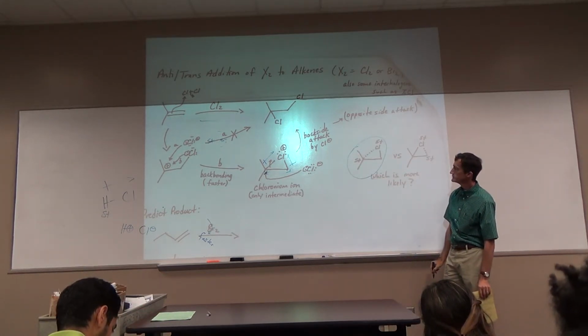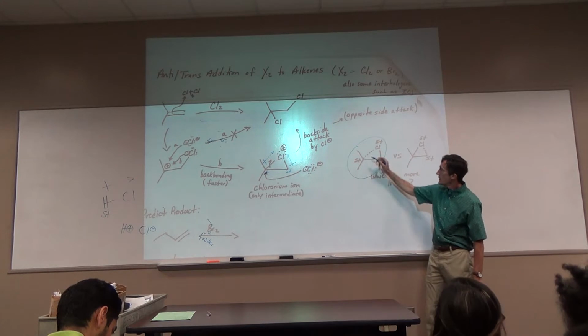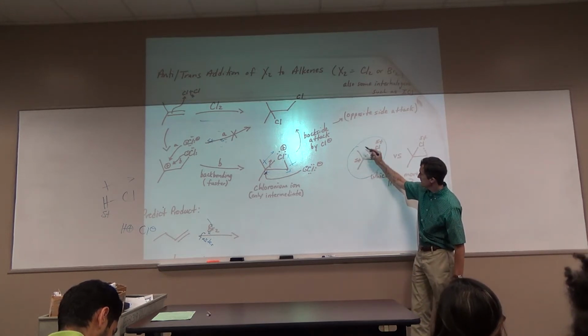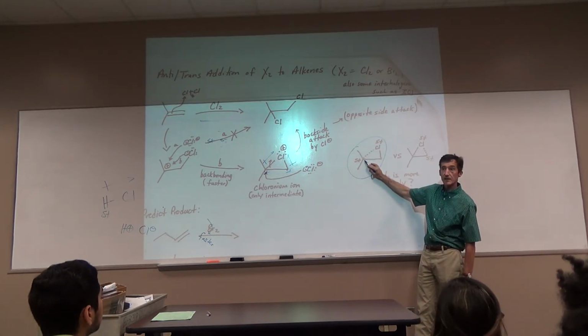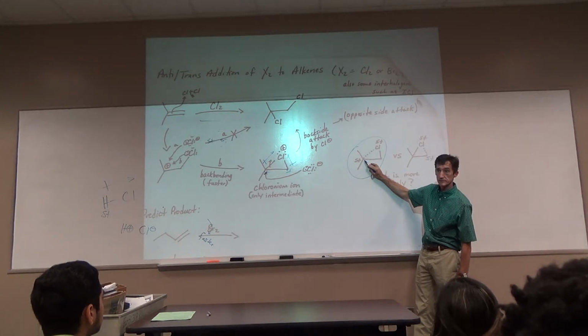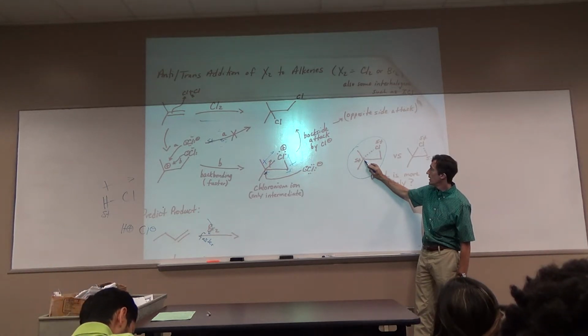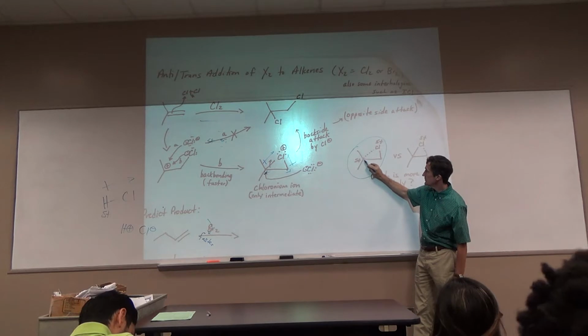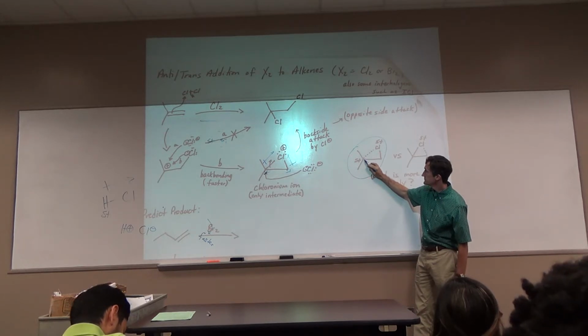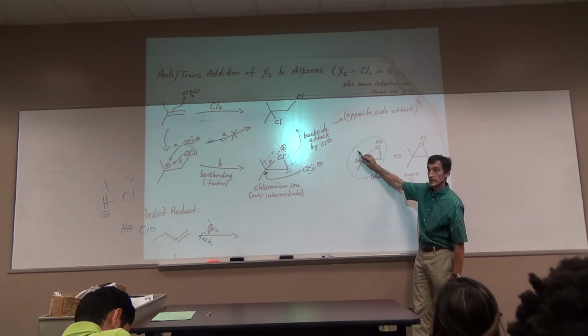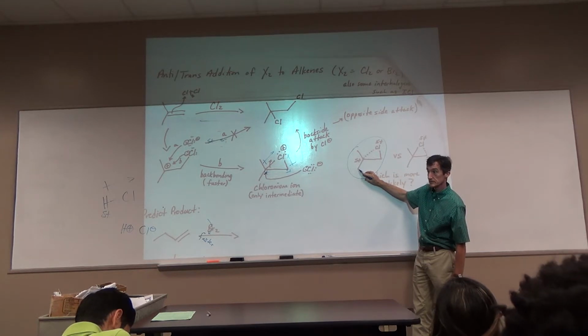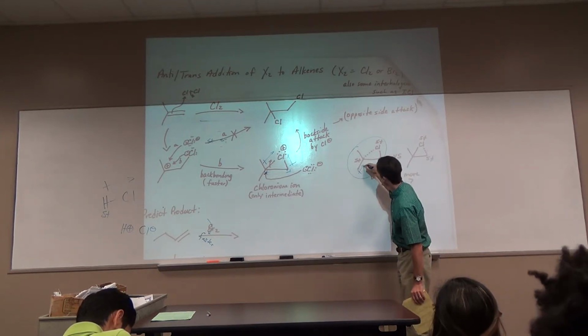Turns out this is more likely. Why? Because the difference is here. This carbon can take on more plus. Why can it take on more plus? Because it has rich friends.